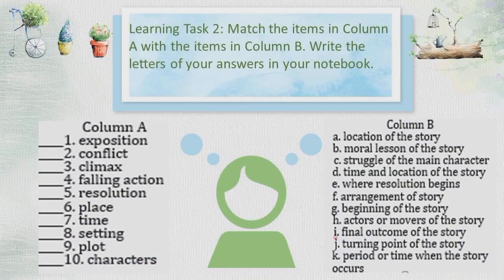Learning task number 2 is a matching type. Match the items in column A with the items in column B. Write the letters of your answers in your notebook. So this is, again, a practice. It need not be answered on a sheet of paper.